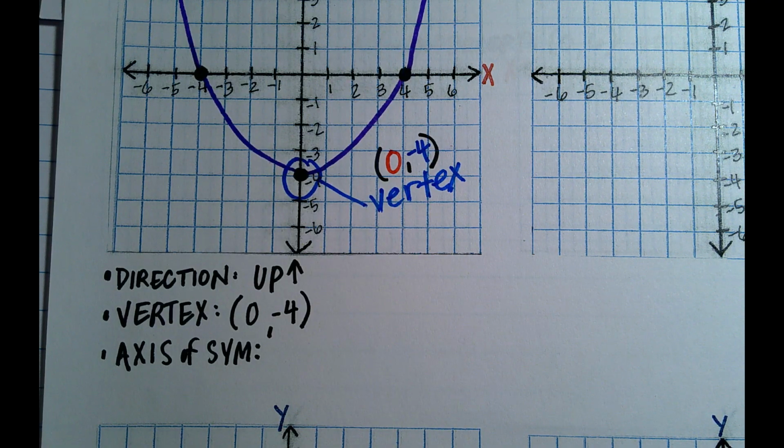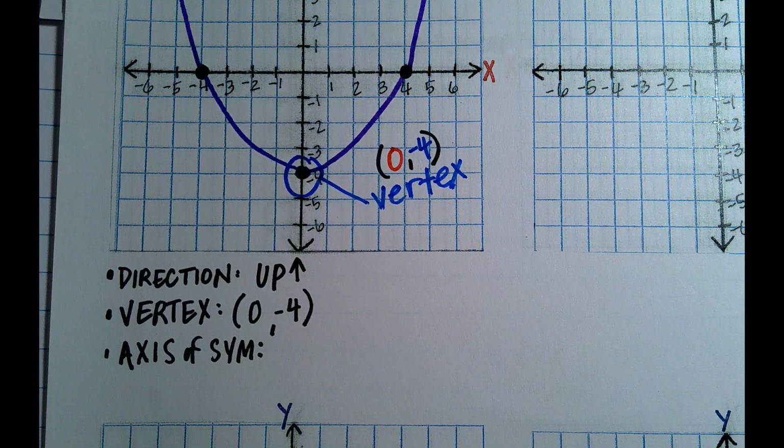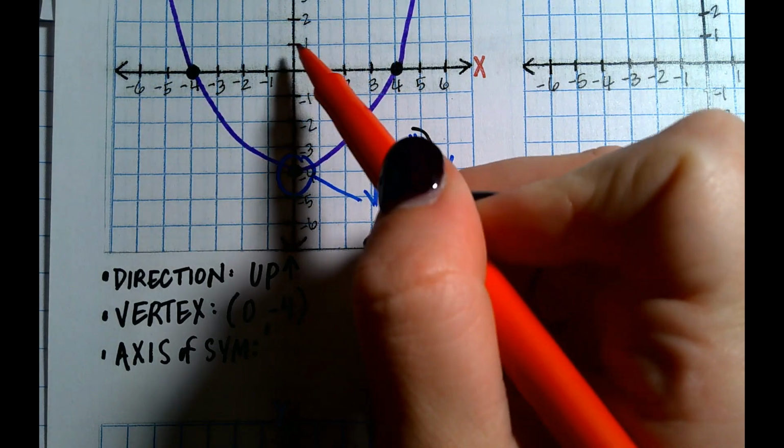It's wherever the line goes down straight through the vertex. It will go straight up and down. Check your notes, though. Is it going to be x equals or y equals? It's going to be x equals. Good. Because we are looking at where it crosses through the x-axis. It crosses right here.